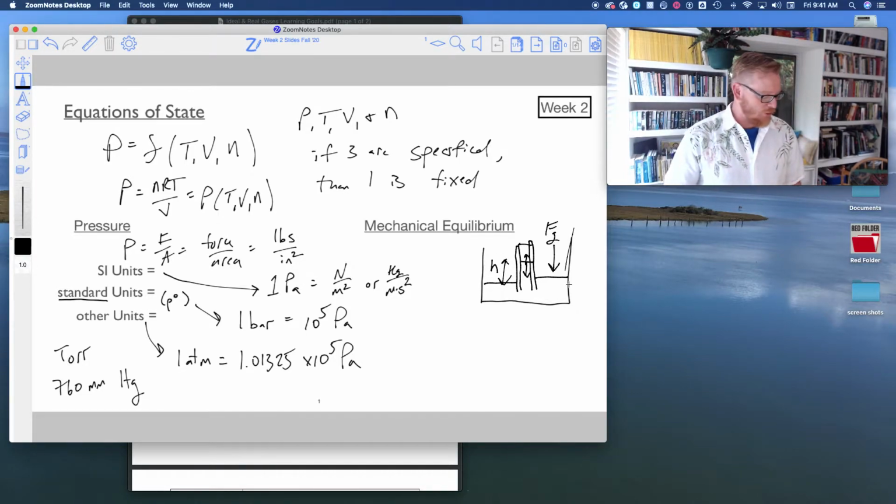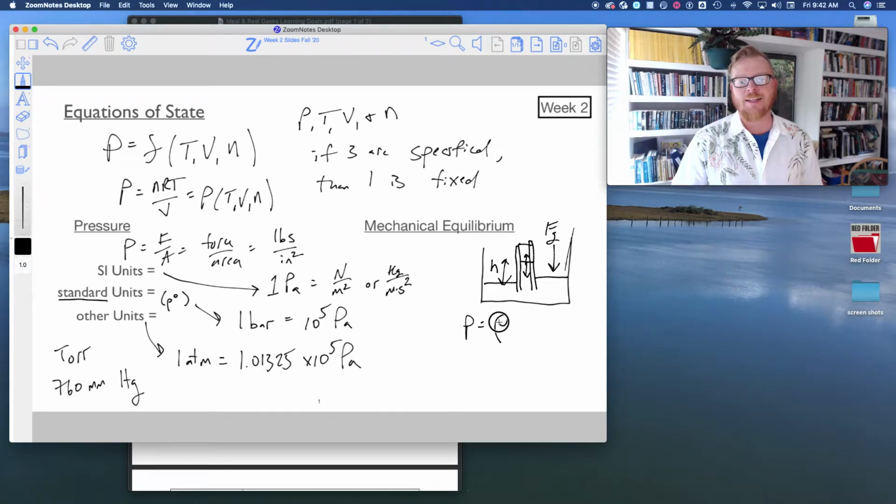And I'm not going to derive this equation, right? But we know that if we were to go through and do that, we would recognize we could measure the pressure of the atmosphere from this force getting exerted on this liquid by the density of the liquid, rho, times gravity, times the height of the liquid, okay?